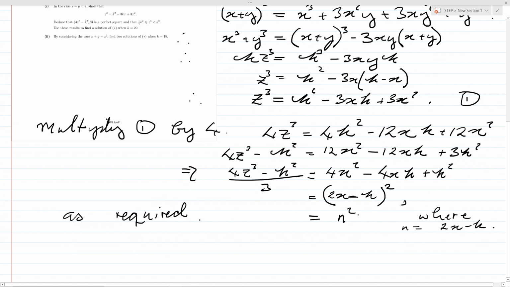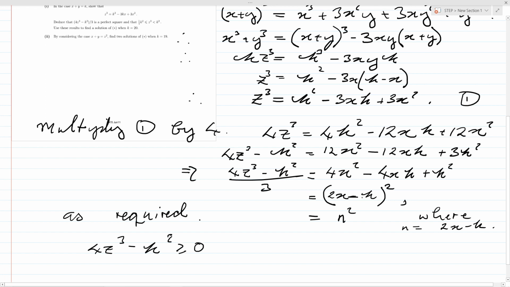Well, how are we going to see that? What do we know about square numbers? Square numbers of positive integers, anyway, we know a lot about. They're always positive, and at the very least, they're greater or equal to 0. And so what we can say then is that since this square is greater or equal to 0, we have that 4z cubed subtract k squared is going to be greater or equal to 0 as well.